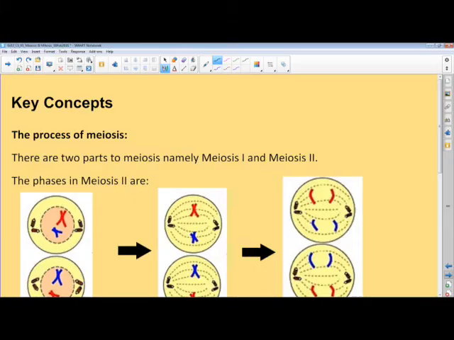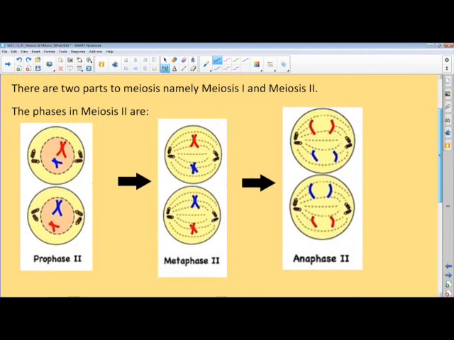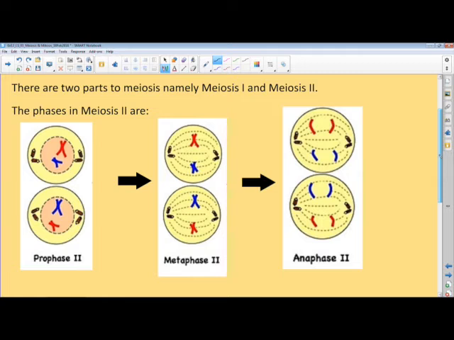Okay, this is the same as mitosis. And you represent it as, remember, you got IPMAT. Remember that. That was in Meiosis 1. With this phase, you don't have interphase, right?